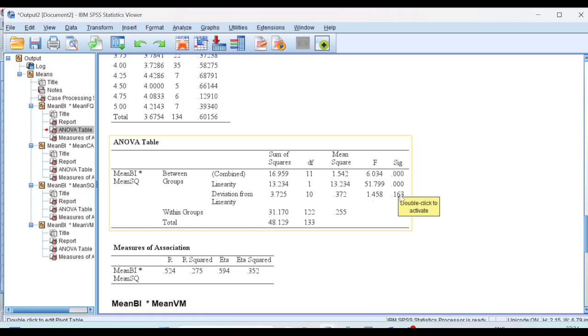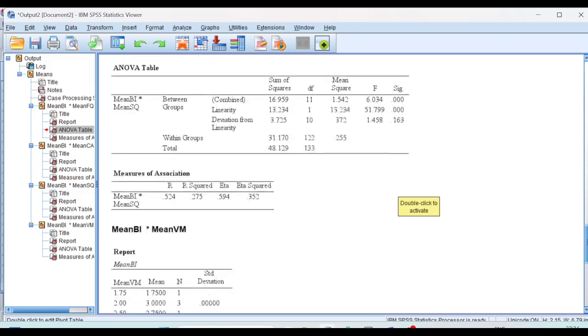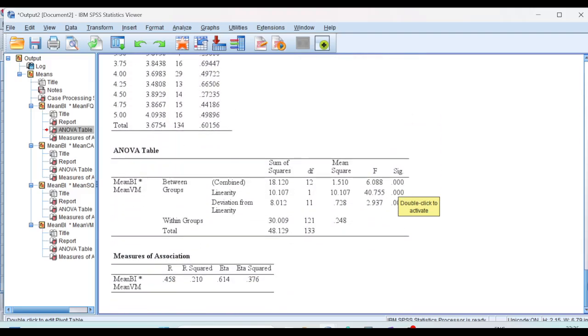You see here 0.163. That means deviation is non-significant. The fourth is value for money. Again, we have a significant linearity and the deviation from linearity is non-significant. So this is how we test linearity.